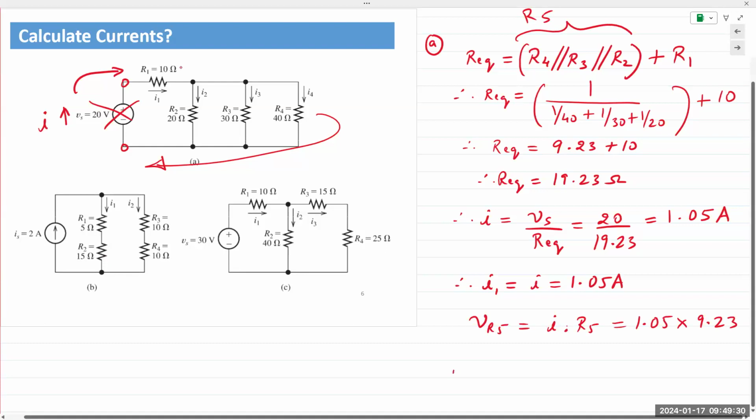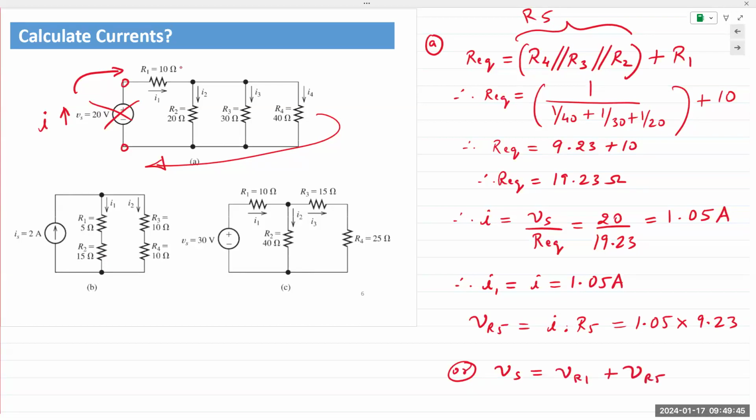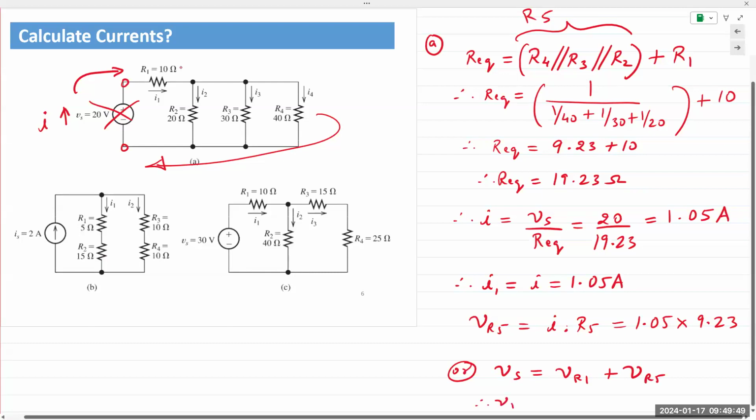Or alternatively, I can apply KVL: Vs is equal to VR1 plus VR5, right? So VR5 would be Vs minus VR1.